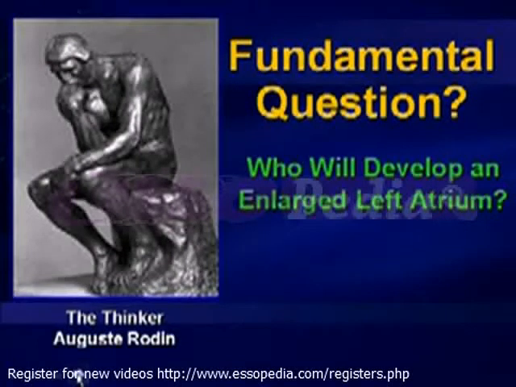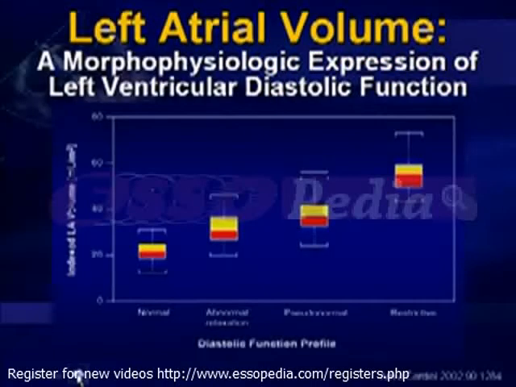So the fundamental question therefore becomes, who will develop an enlarged left atrium? And the answer to this fundamental question is generally those who have diastolic dysfunction, where LA size may be seen as the morphophysiologic expression of LV diastolic function.